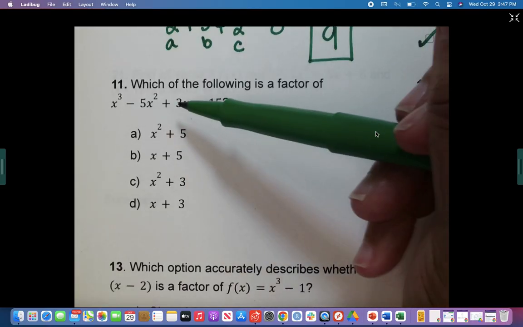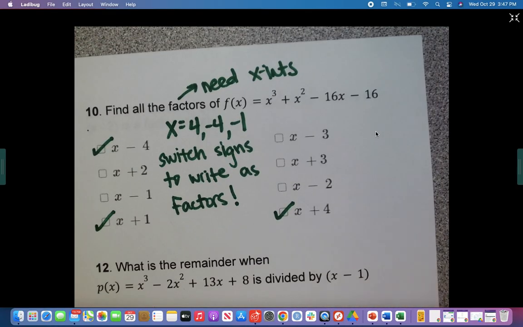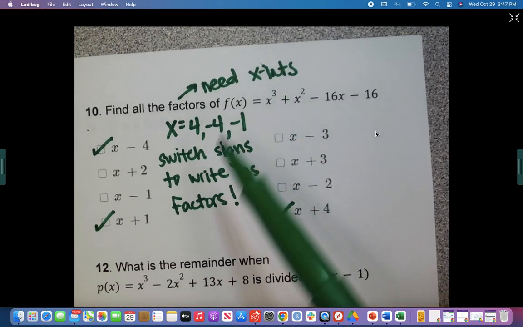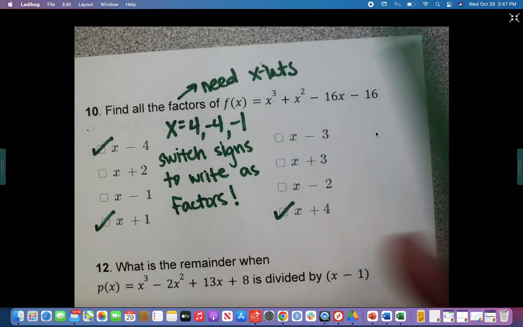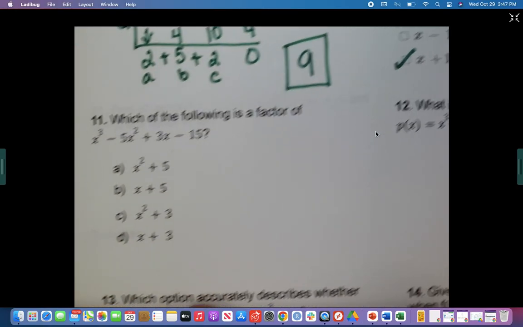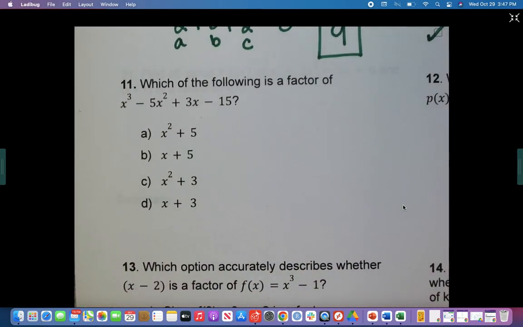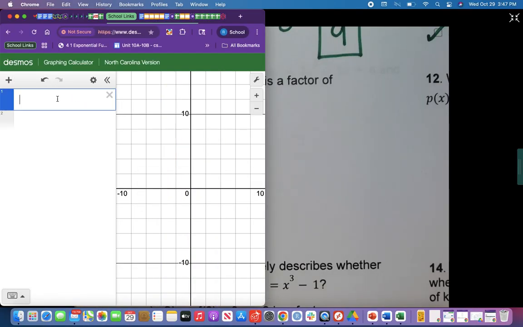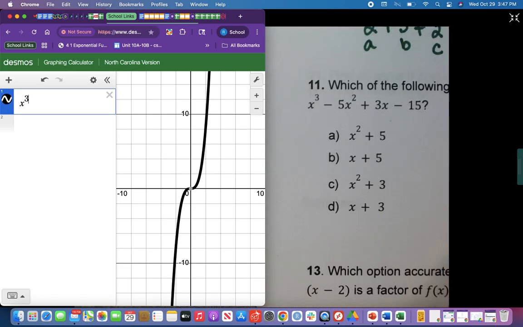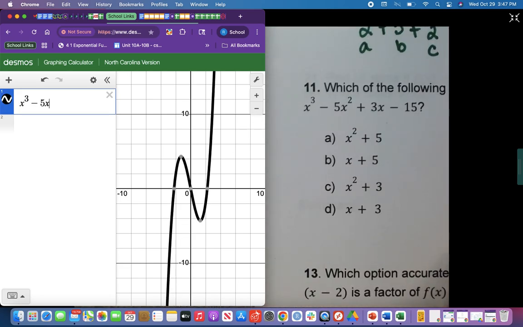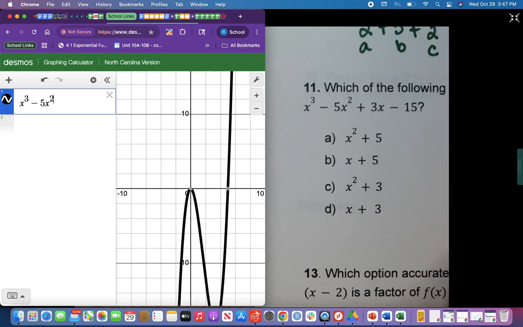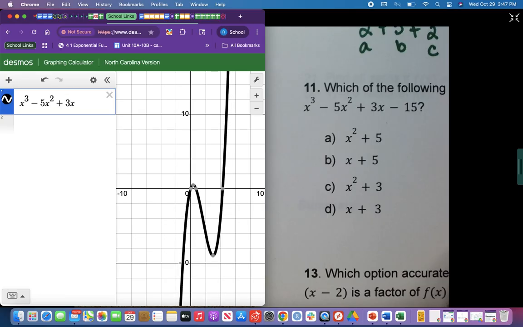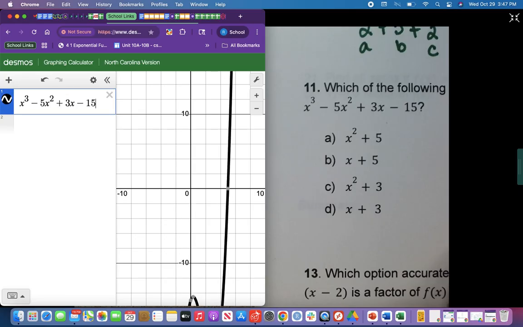So I'm going to graph this first. So going along the lines of this, I'm going to get my x-intercepts so that I can switch the signs to see if one of those is one of the factors. So let me type that in. All right, so x to the third minus 5x squared plus 3x minus 15.